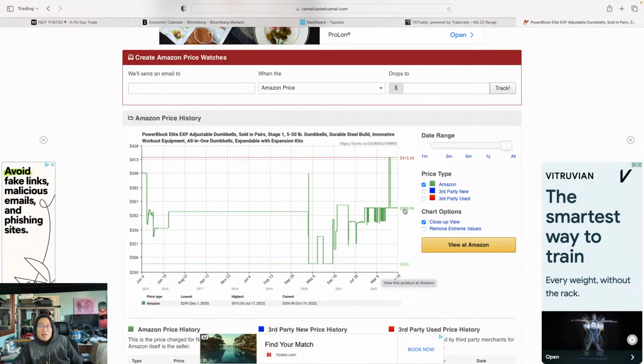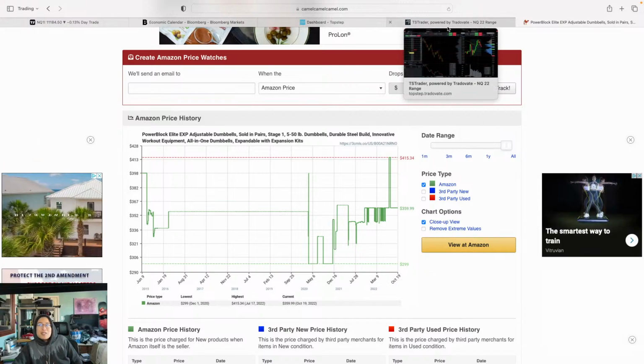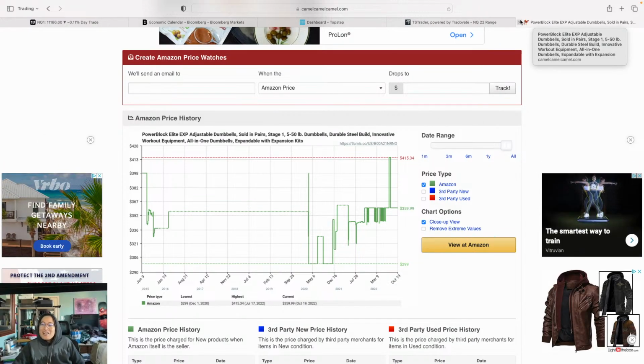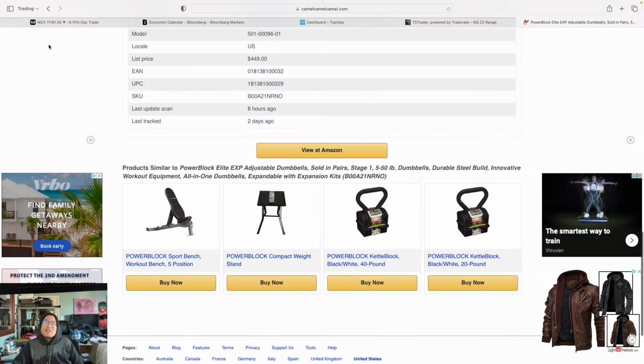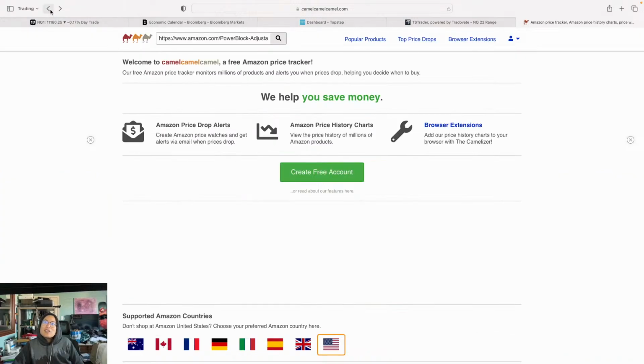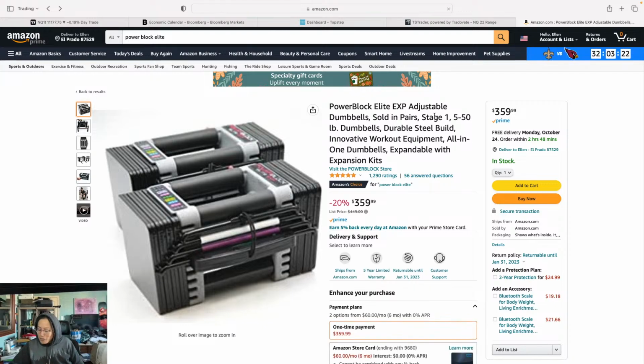But maybe we could potentially see a little drop in the chart on the price for those. But I don't know. Either we do or we don't. $360 is not a bad price though, so I'm okay with the current price. I'd be also okay with a lower price. I don't have to buy it right now, but I will write down how much it is today in my little notes.